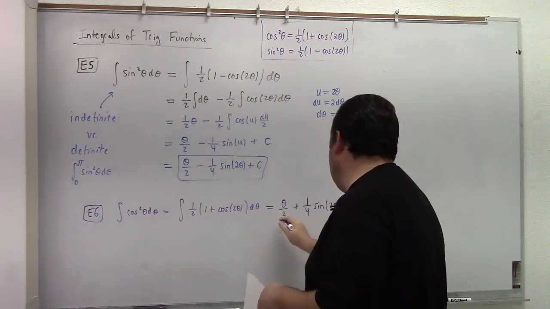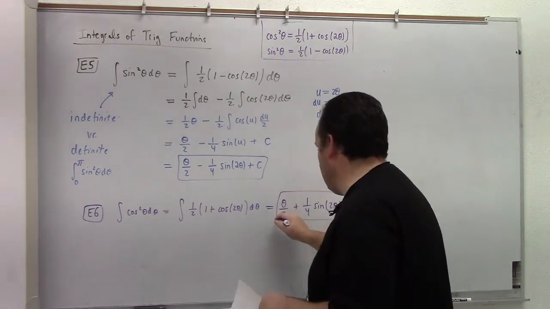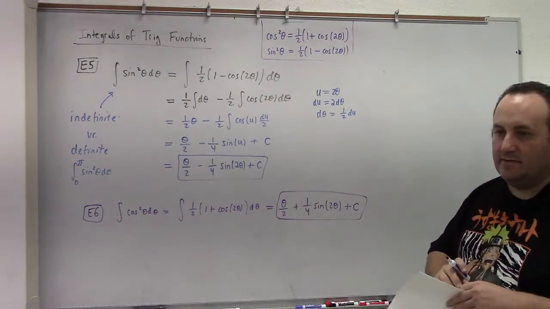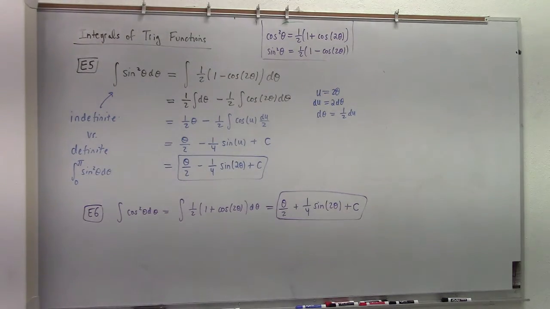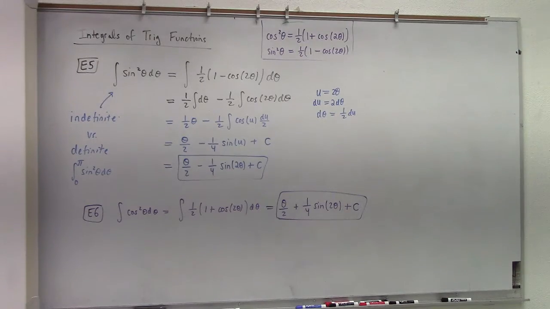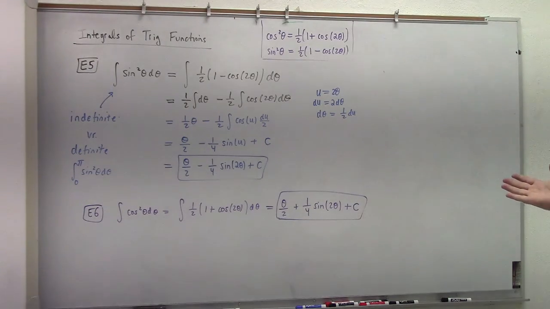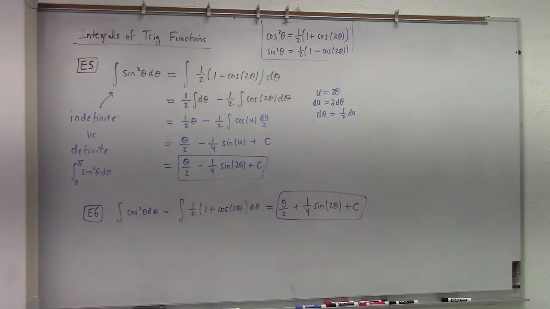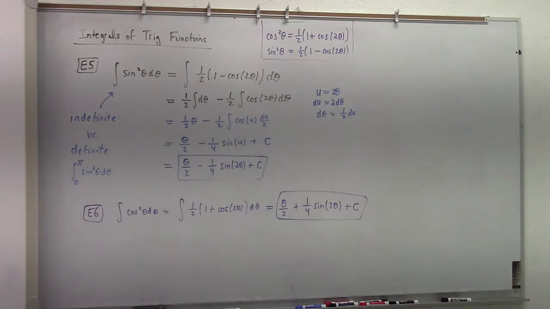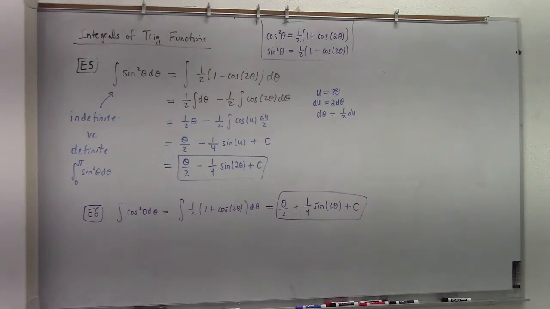The steps I skipped are just like the ones we just did in the previous example, though. So really the only difference is that there's a plus rather than a minus in the original trig identity. Otherwise, it's the same u substitution, it's the same everything. Right?